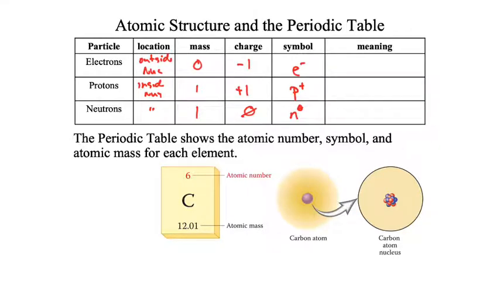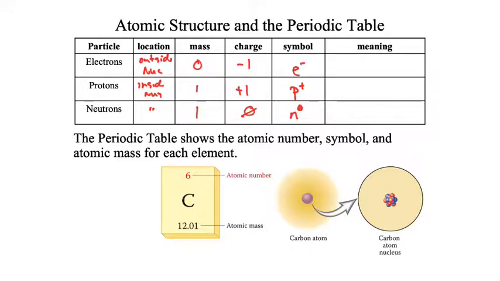Okay, so what we're going to do is think about this a little bit differently because it's organized in a way that probably isn't ideal. I would argue that we should start the meaning question by looking at the protons. Okay? I give you 6 protons. What can you tell me? I have 6 positive charges. True.